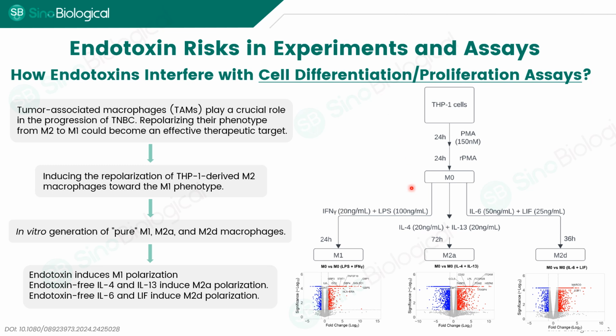Here you can see that LPS in this study is a switch for the M1 phenotype. When you are using LPS as a real functional immune modulator rather than a contaminant, you need to properly control the endotoxin for all the reagents you use in your experiment.